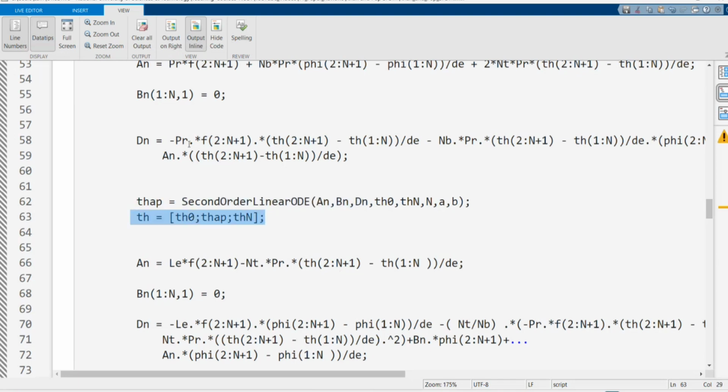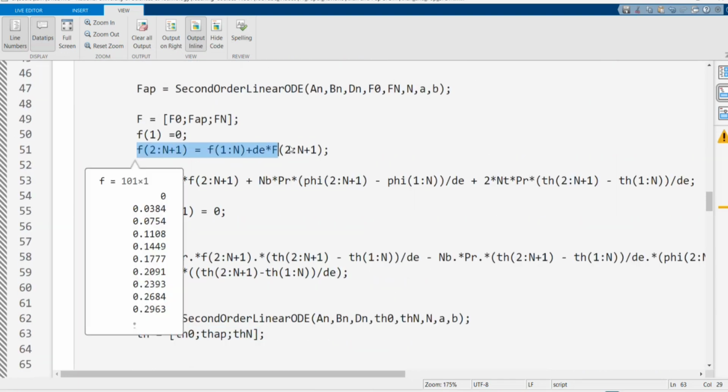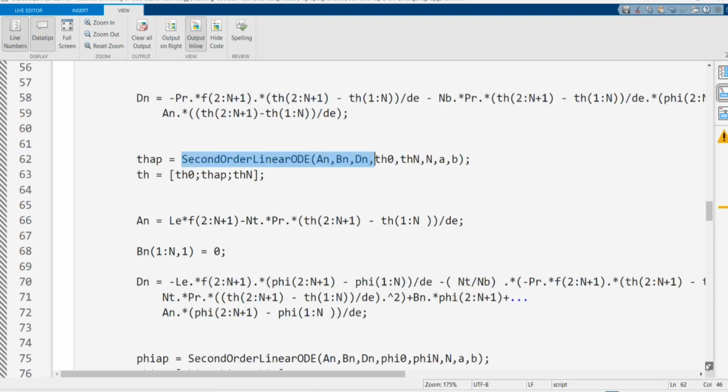We don't need this thing like we had for momentum, since we have not put theta dash equal to some theta. That f is only required when we have to reduce the order. So we calculated the solution over here. You don't need to change this further. You only need to put AN and BN.